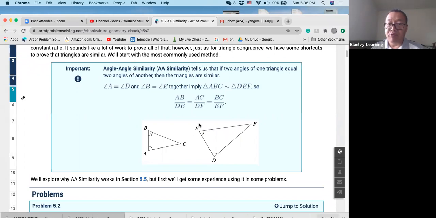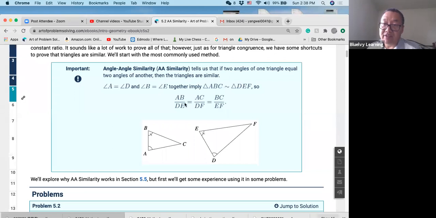So if we know two corresponding angles are the same, these two triangles are similar. Then we have the ratio of side AB over DE equals AC over DF, and also equals BC over EF. These are called corresponding sides.